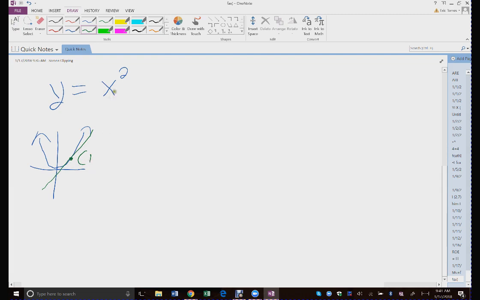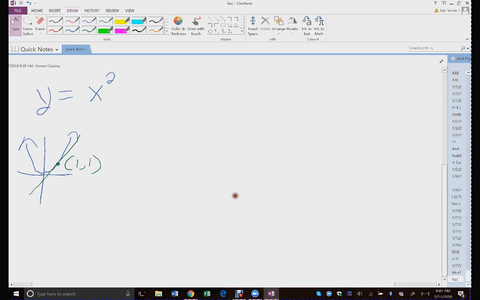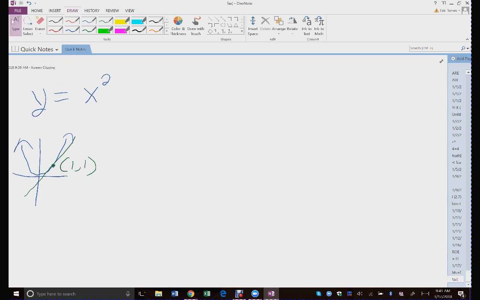I'm going to plug in 1 squared. The y value is 1. So there's a tangent line of this function going through the point 1, 1. I'd like to come up with the equation of that tangent line. So first of all, let's look at the slope of that tangent line.